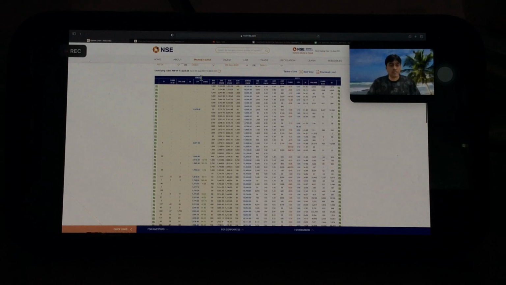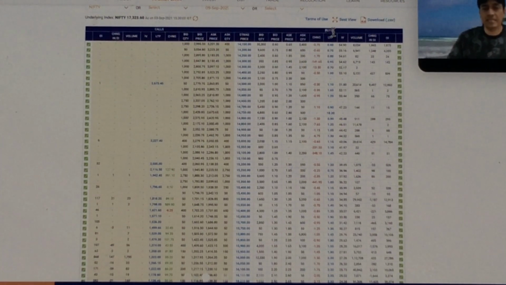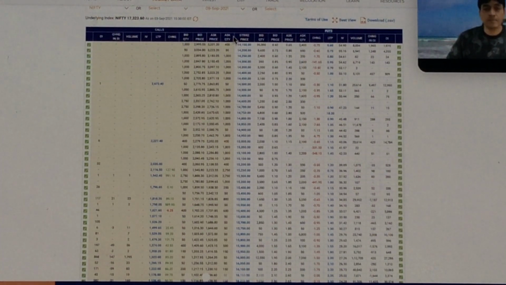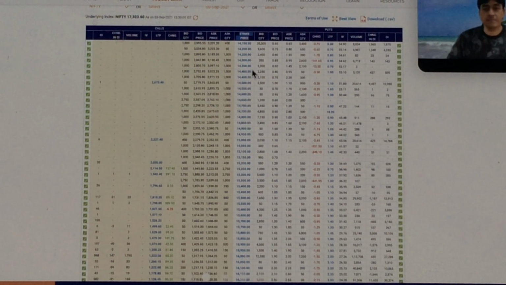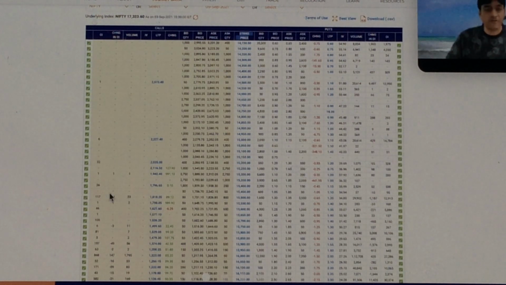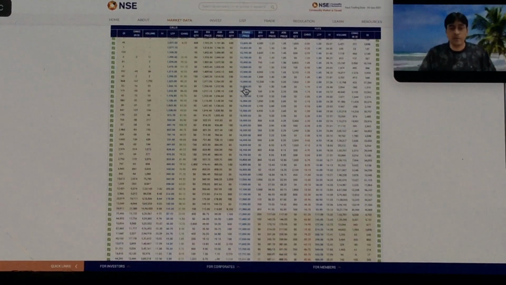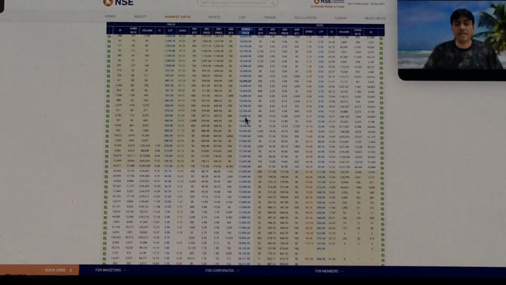Here it's written calls. On this right side it's written puts. What is written in the center? Strike price. So on the left side of the strike price, all the data available is of calls. On the right side of the strike price, all the data available is of puts. Is this clear? These are the strike prices from 14,150 up to 18,750 that are available.